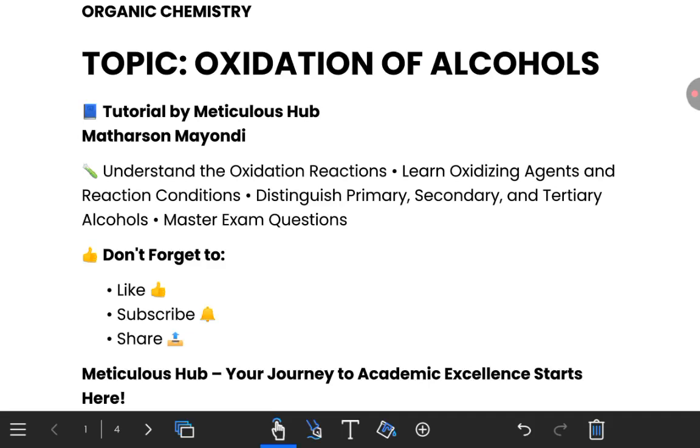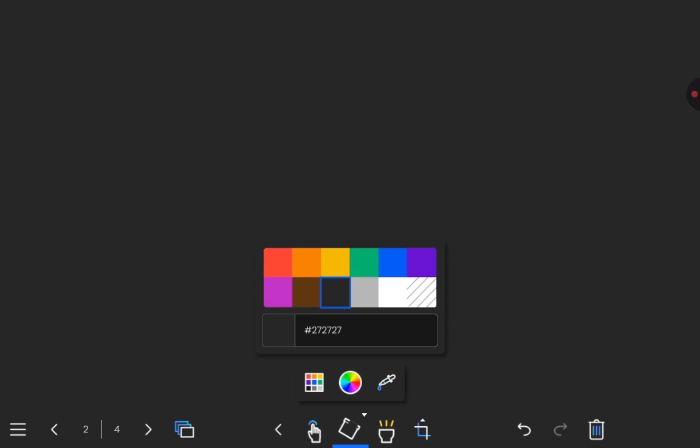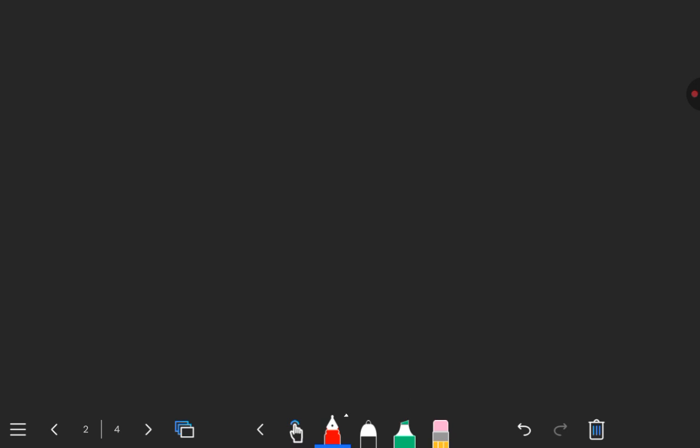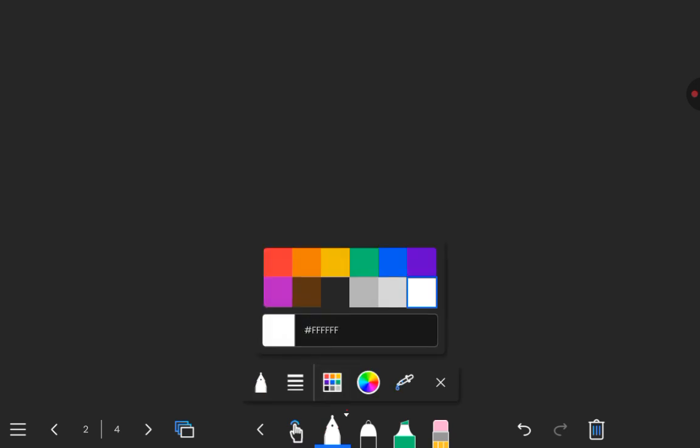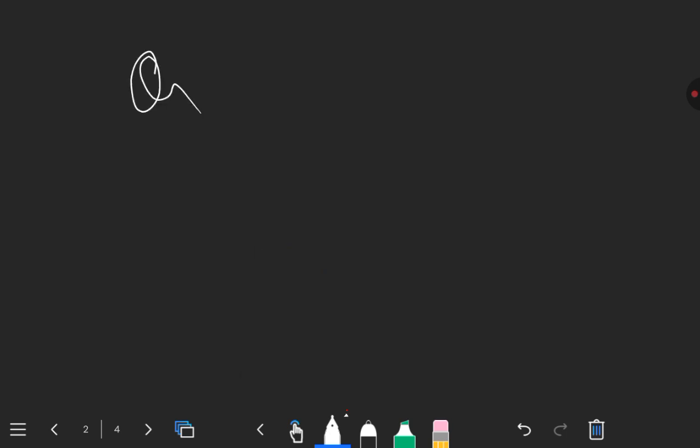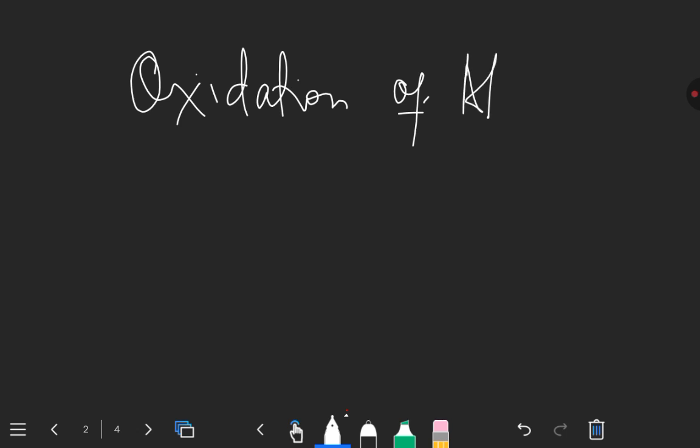Let's look at oxidation of alcohols. Okay, so you're looking at oxidation of alcohols.